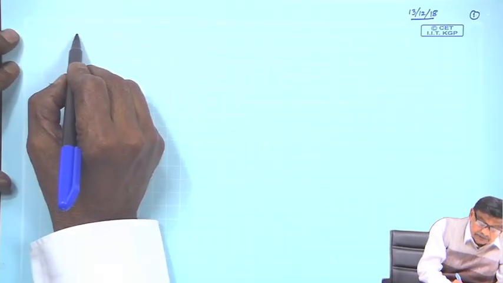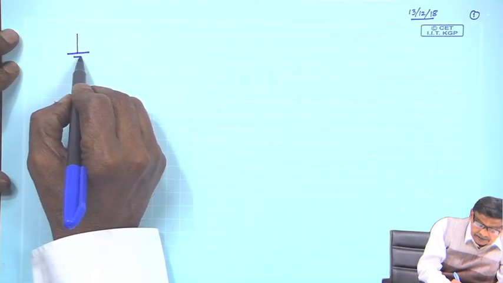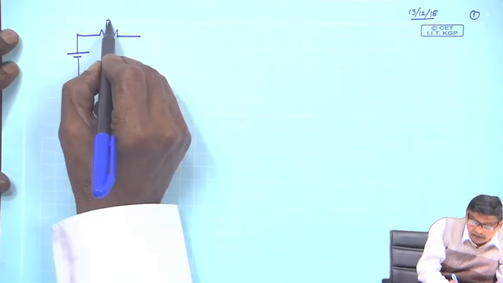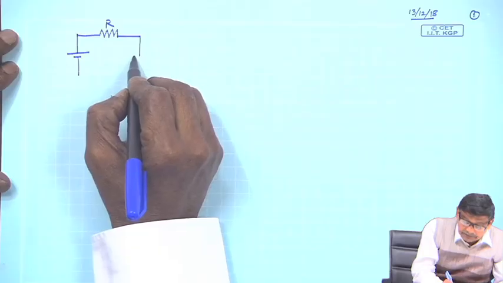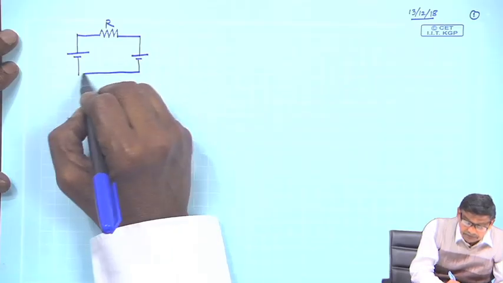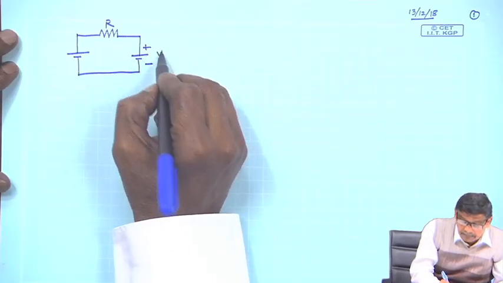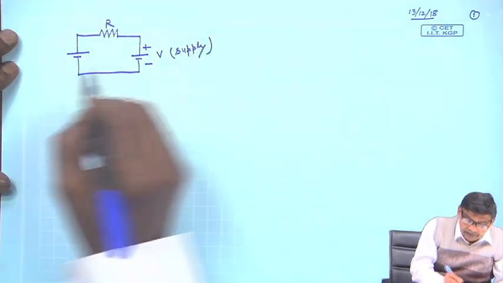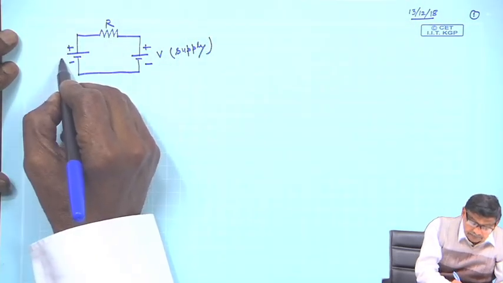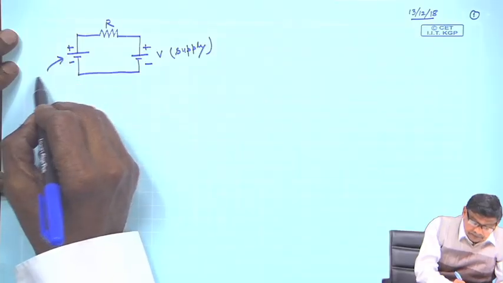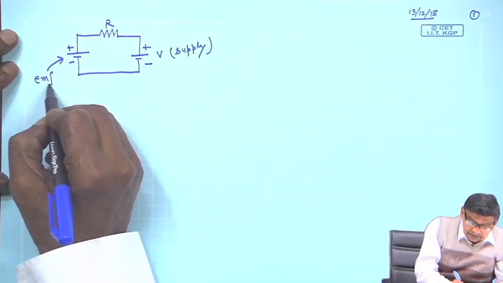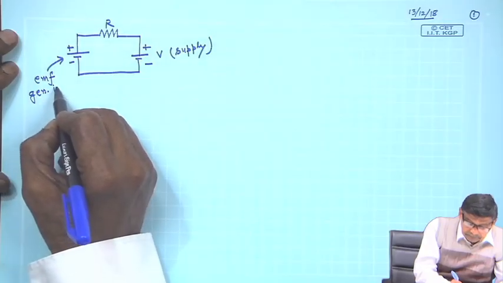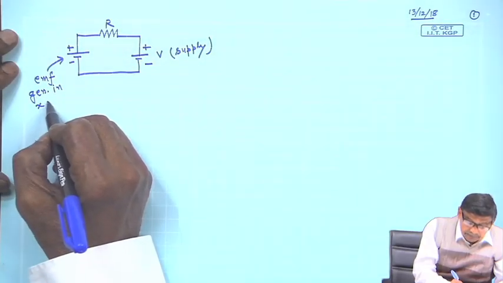Essentially, the electrical circuit diagram is this: R, this is capital V, my supply voltage, mind you, and this is the EMF generated in the conductor x y.